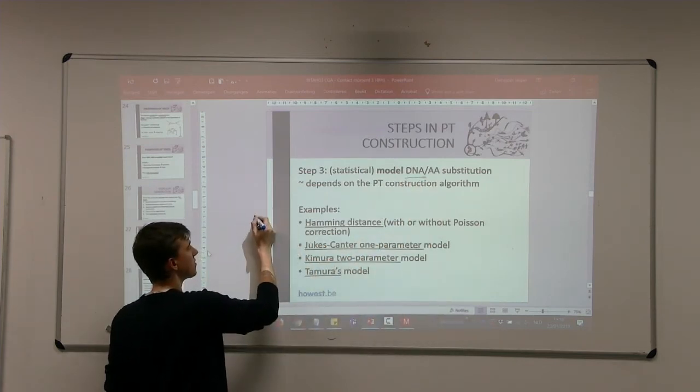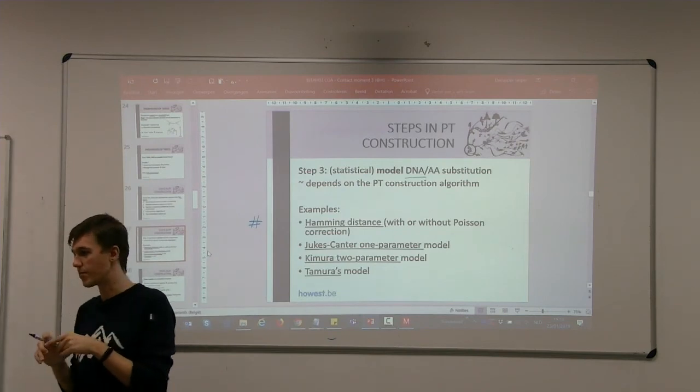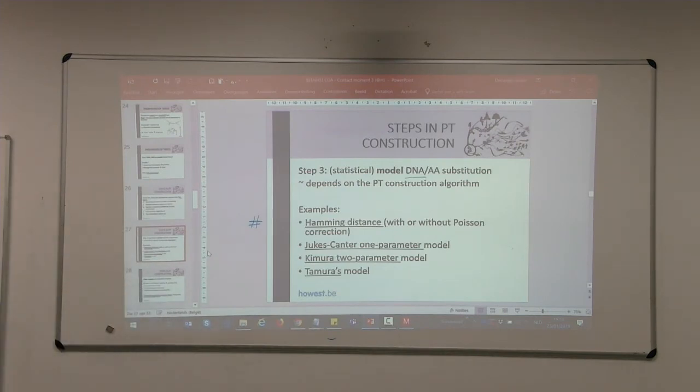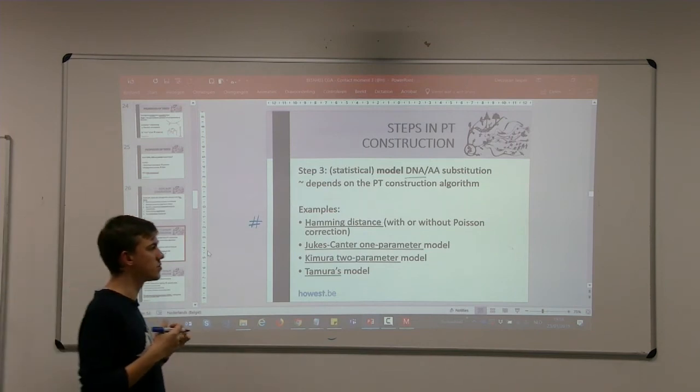We can just depict the number of differences, or we can create a correction, because it is possible that we have multiple mutations on the same position. Then we only see one mutation, but this can be two. So the more mutations we have, the more we need to correct for them.